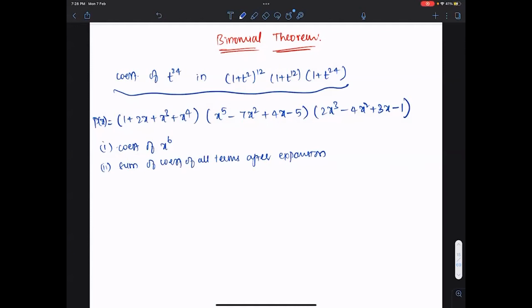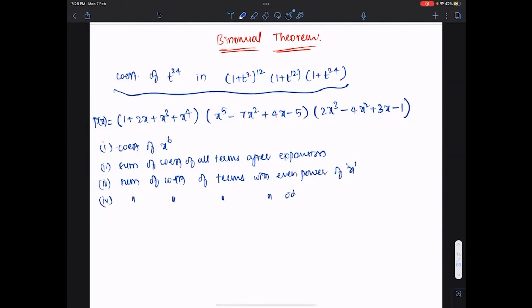So for that polynomial, what is the sum of the coefficients of all the terms? Next, the sum of coefficients of terms with even power of x. Last one, the sum of coefficients of terms with odd powers of x.